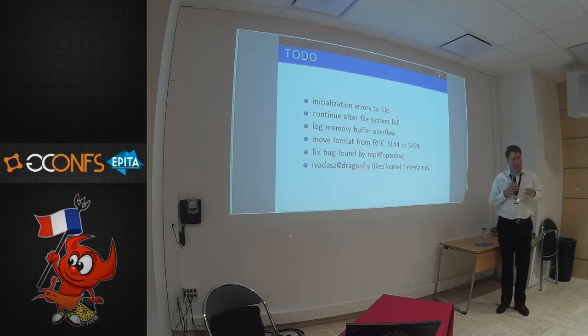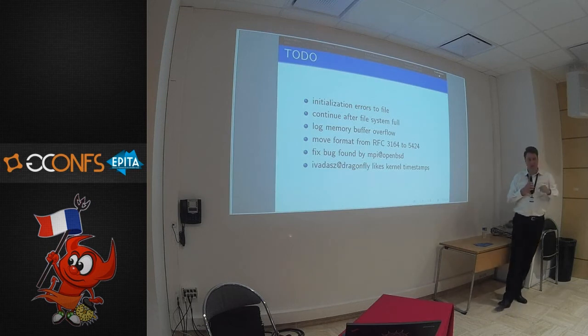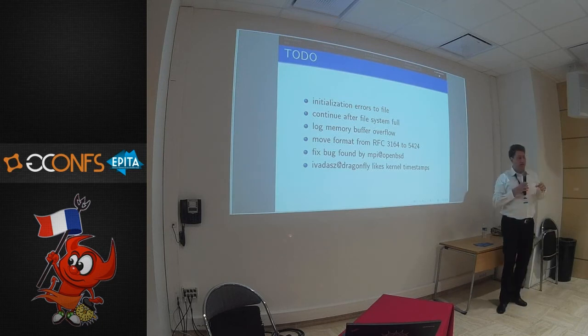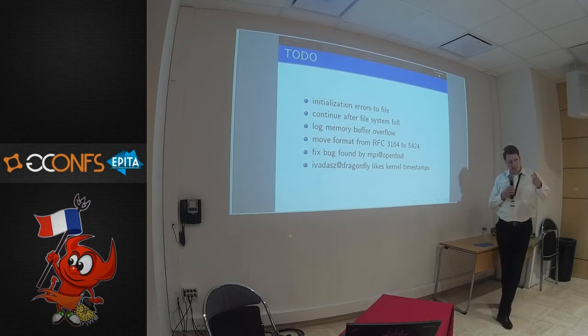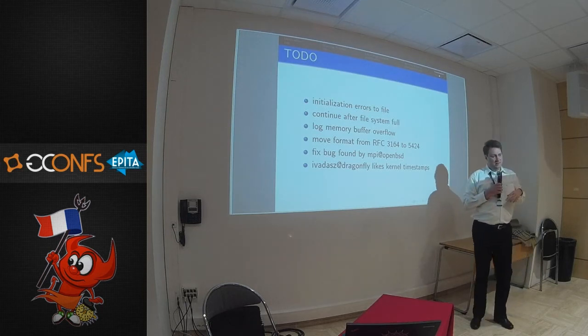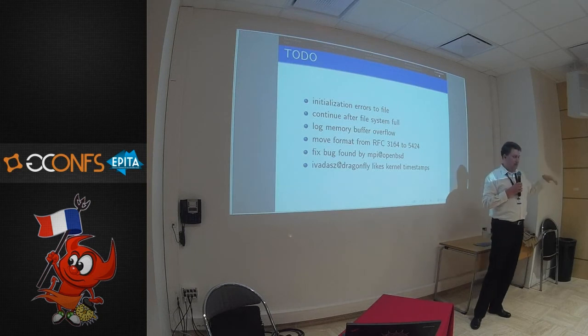So I have a diff for that, but it is on top of the other diff, so I will send it out when the first one has been reviewed and committed. I also have a test for that. I create a file system with vnd, fill it up, write a log file to that, get the error, and then check that, empty it again and check that it's logged again, and read all the debug messages that syslogd creates for that.